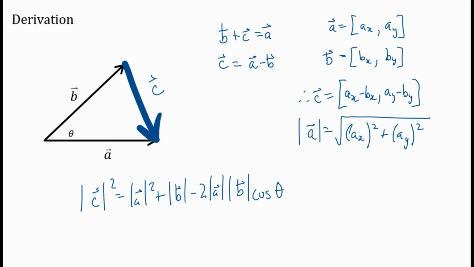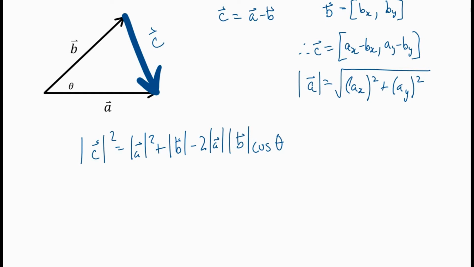And that's just cosine law. A squared plus B squared minus 2AB cos C, or cos theta in this case, the angle between them. Okay? And now I just need to know how to rearrange this in the right steps and substitute or expand in order to get it manipulated into the way that I want it to be.